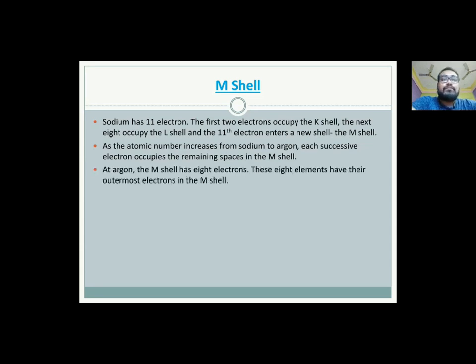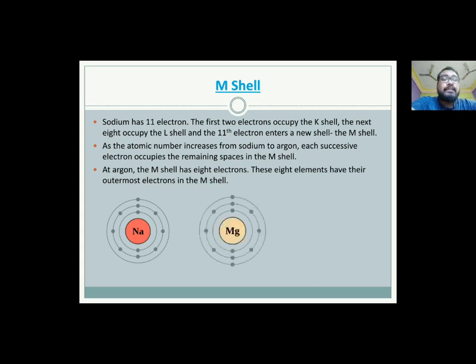Okay, see, so for sodium, there is only one electron in the outer shell, as the first shell and the second shell are full with the maximum number of electrons. For the first shell that is 2, and for the second shell that is 8. Next we have magnesium, where there are 2 electrons in the outermost shell, and for aluminum there are 3 electrons in the outermost shell.